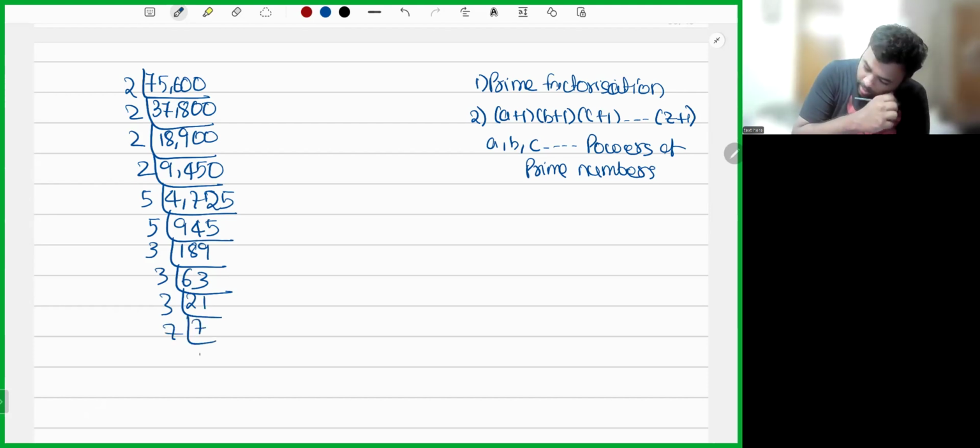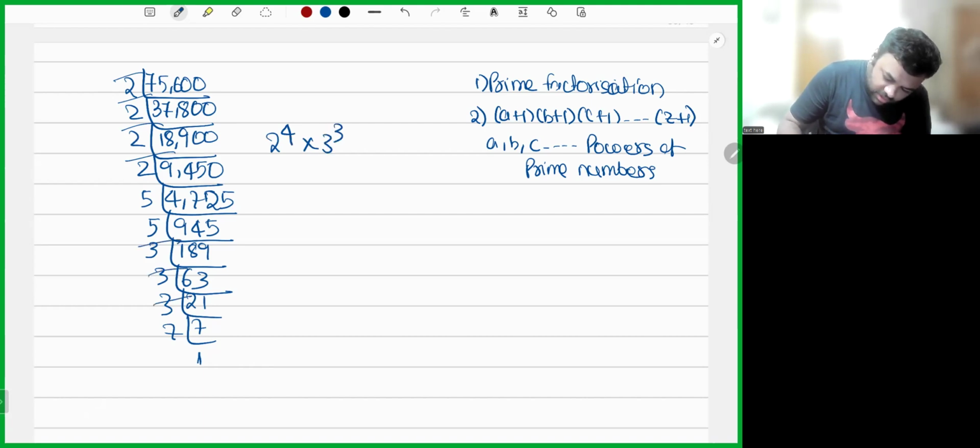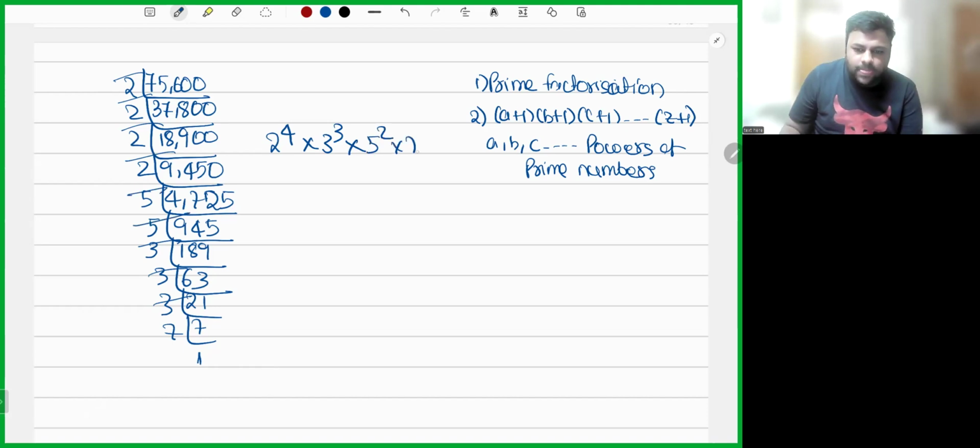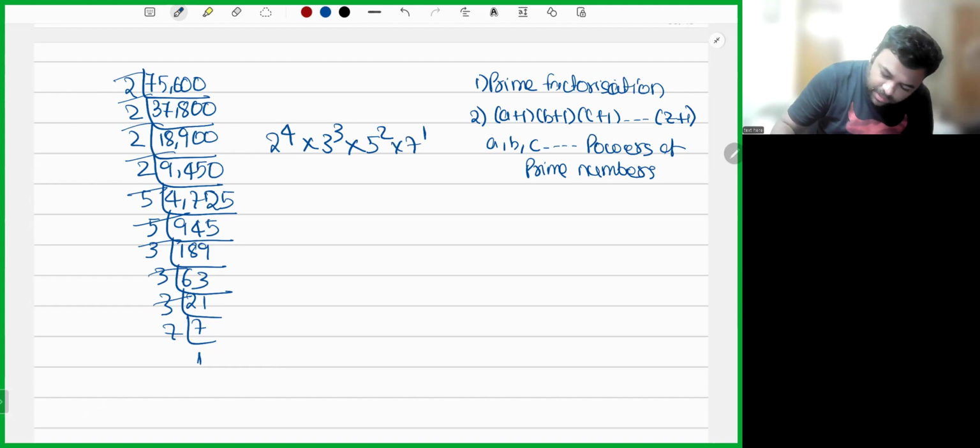So if you see how many times 2 is repeated: 1, 2, 3, 4. 2 power 4. How many times 3 is repeated: 1, 2, 3. How many times 5 is repeated: 2 times. How many times 7 is repeated: 1 time. Okay. So I'll apply the formula now.